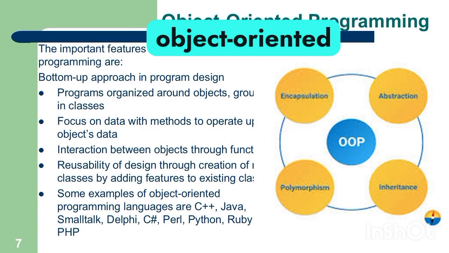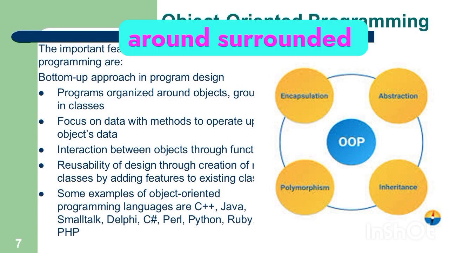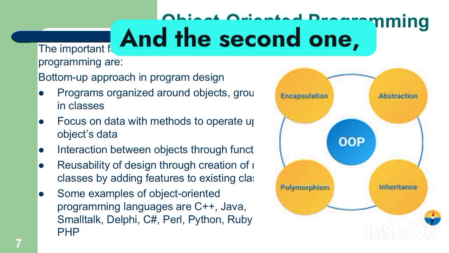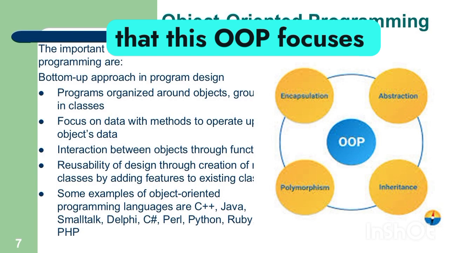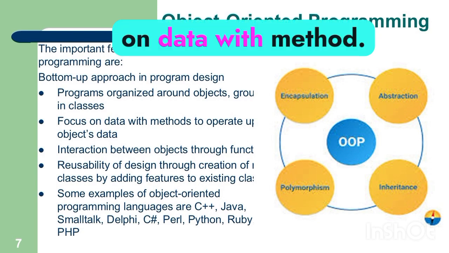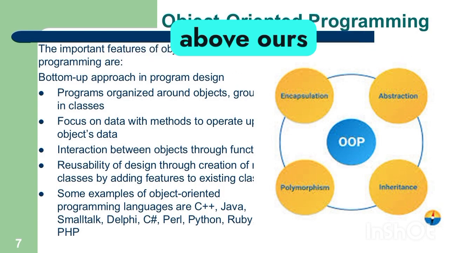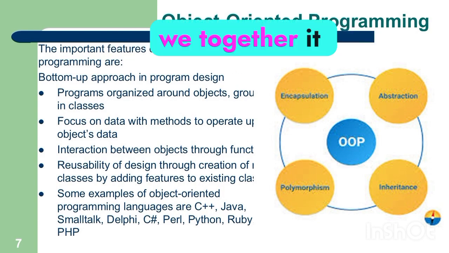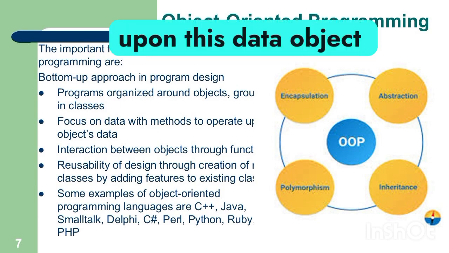Everything about object-oriented programming is centered around the object, and these are grouped into classes. And the second feature is that OOP focuses on data with methods that cooperate upon the object's data. Are we together? It operates upon this data object.